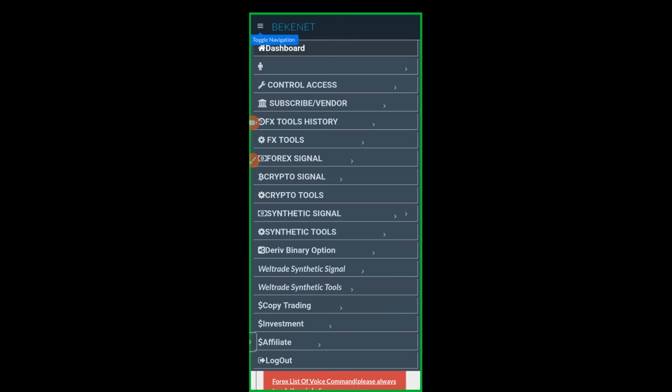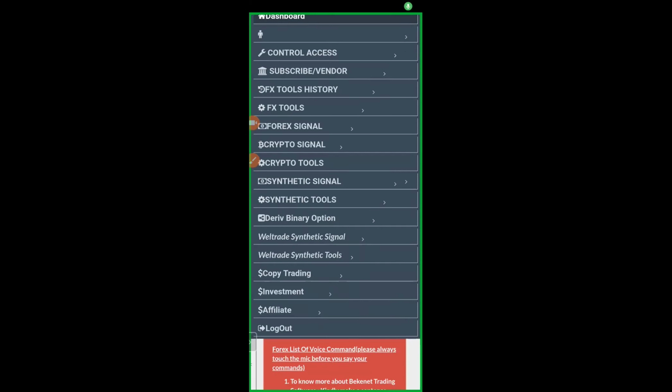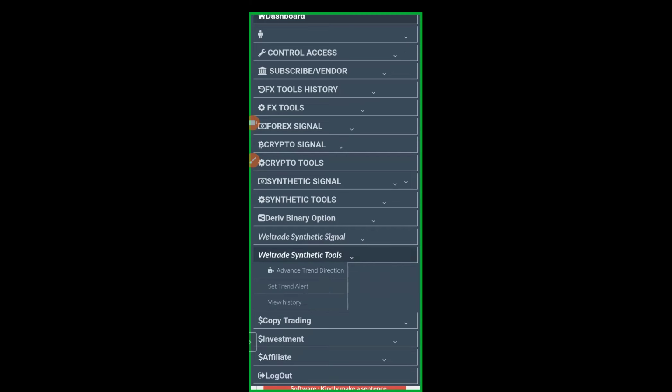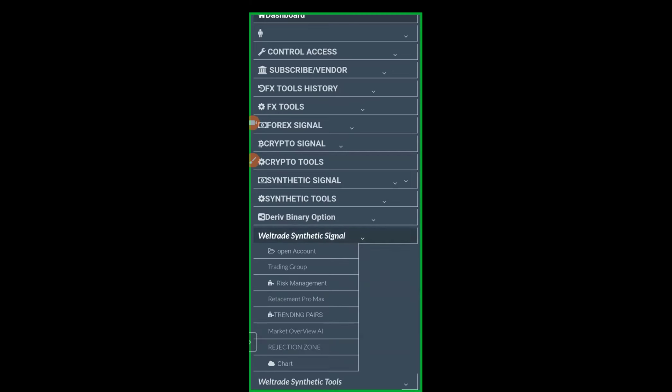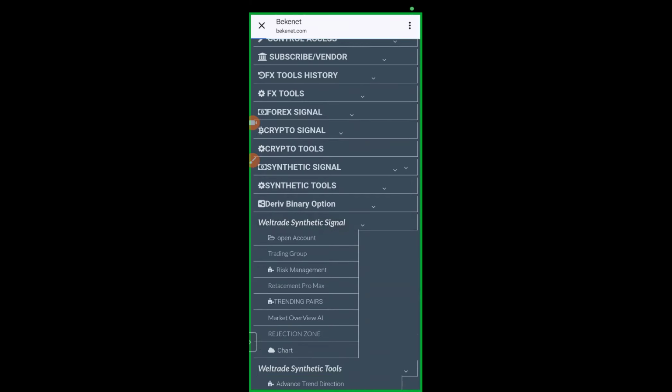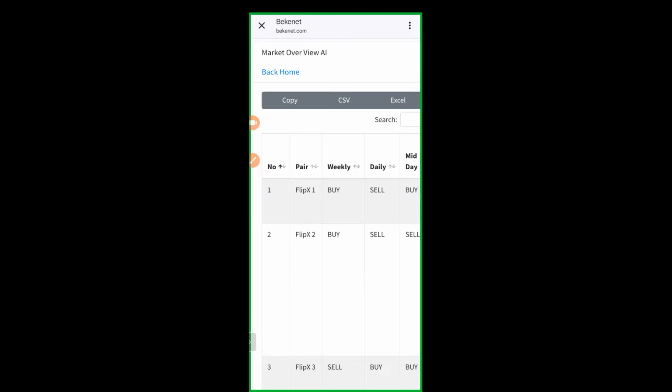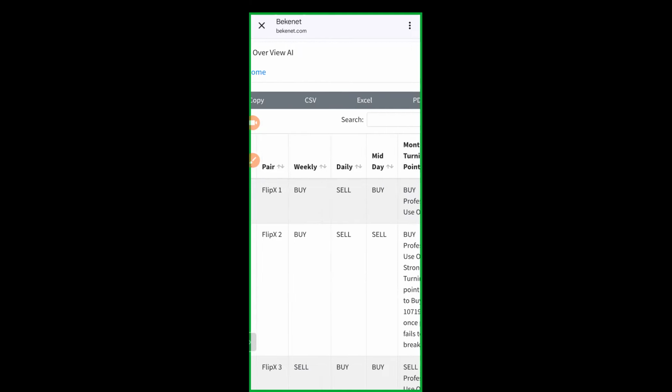All right. Then the same thing on the well-trade synthetics. You go to market overview. Look at it. Flip one: buy, sell, buy. I don't want it. Buy, sell, sell. I don't want it. Sell, buy, buy. I go through until I find one.